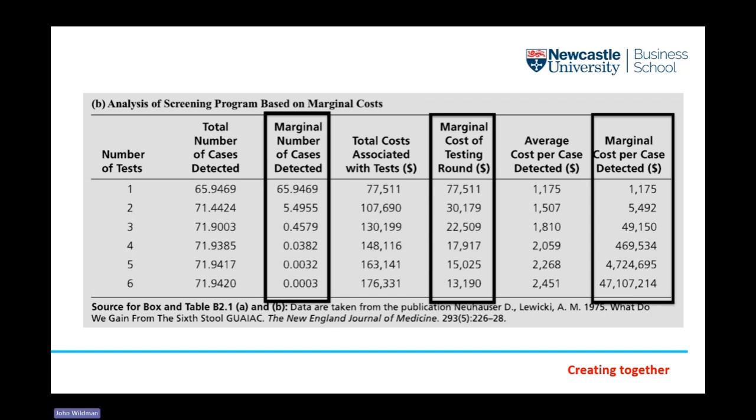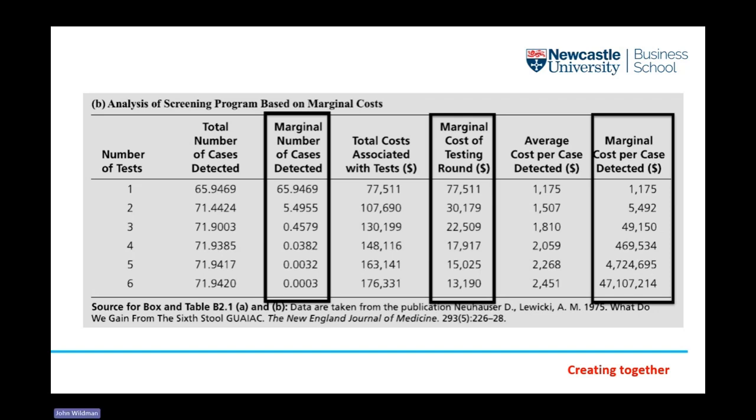Now, let us compare our marginal benefits to our marginal costs in our marginal cost per case detected. When we do 1 test, the marginal cost per case is going to be equal to the average cost, because we're simply dividing the marginal costs by the marginal number of cases. So 77,500 divided by 65.94, and that's going to be $1,175.